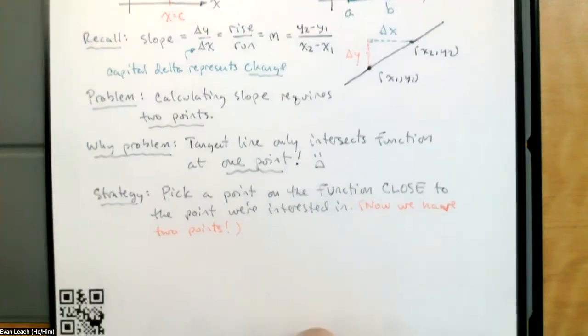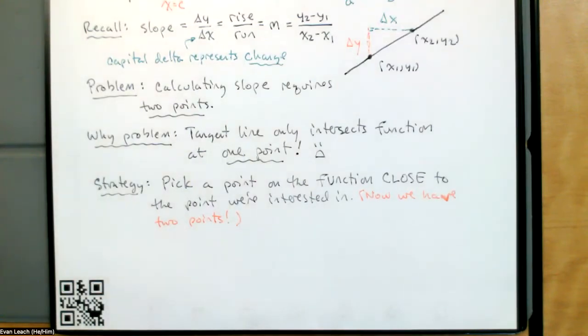We'll pick a point on the function close to the point we're interested in. So now that we have 2 points, calculate the slope of the secant line connecting those 2 points.